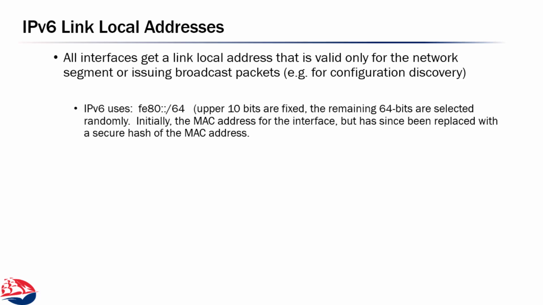The bottom 64 bits are going to correspond to some unique device address. Oftentimes it's going to be the device address of the network card, or what we call the MAC address. But we found that we don't want to make that information widely available, so we'll make it a secure hash of a MAC address that fits into those 64 bits.